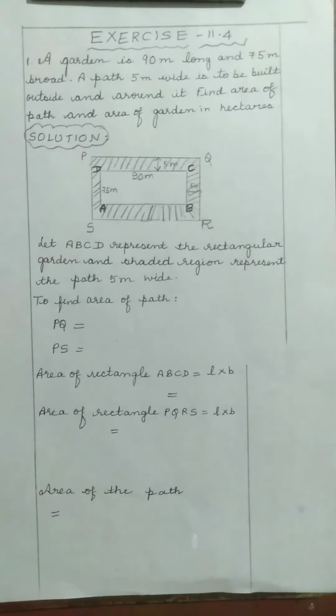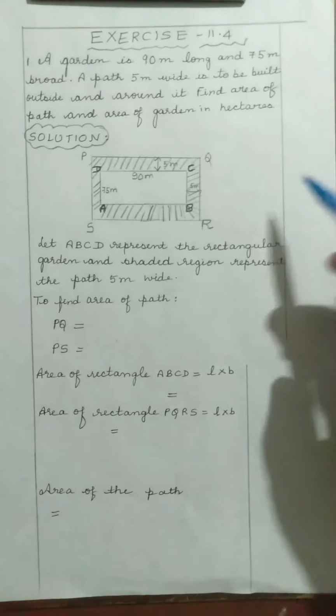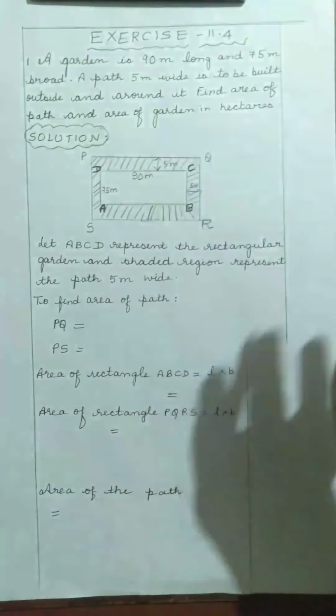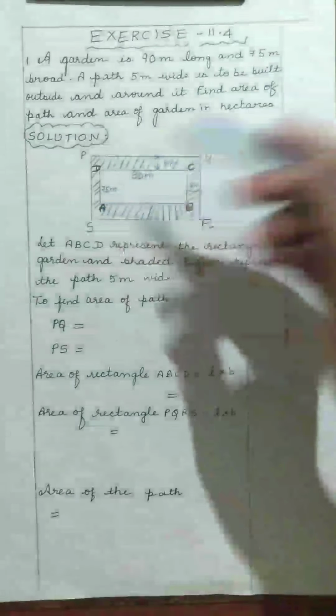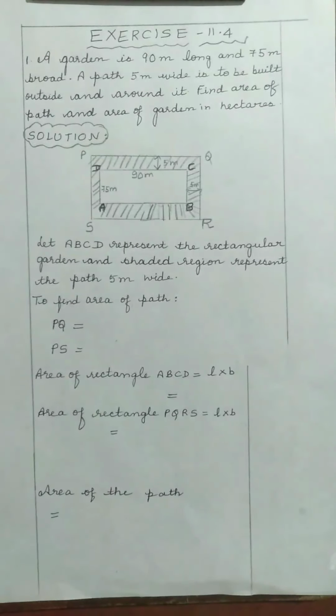So, in order to find out these two in the problem, first we shall find out the length and breadth of the rectangle PQRS. Therefore, PQ represents the length, children, and PS represents the breadth.